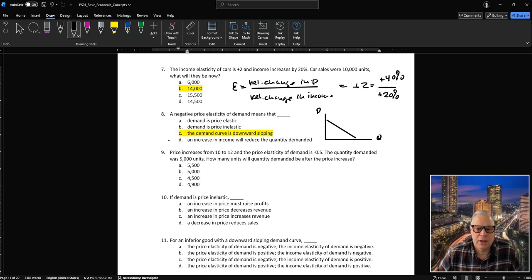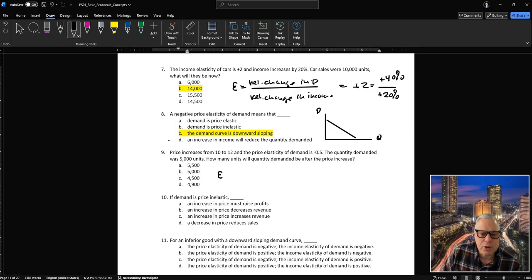Okay, let's take a look at the next one. Price increases from 10 to 12, and the price elasticity of demand is negative 0.5. The quantity demanded was 50,000 units. Okay, so that's now similar to question 7.